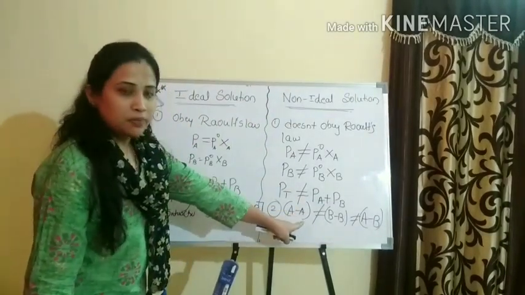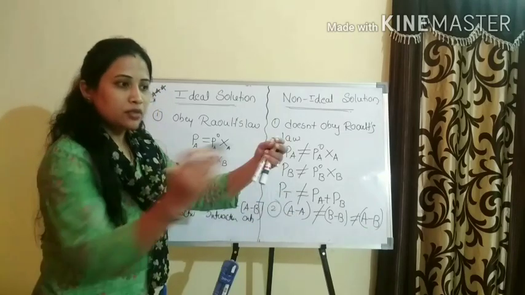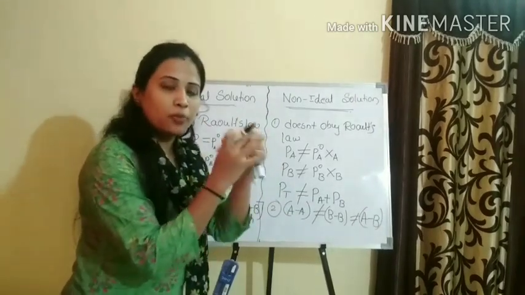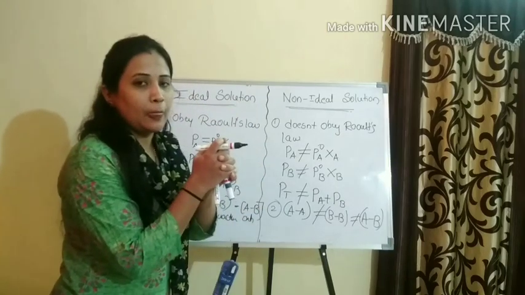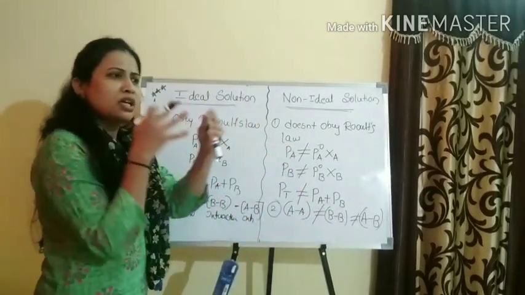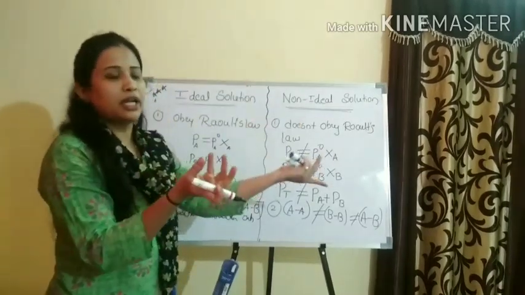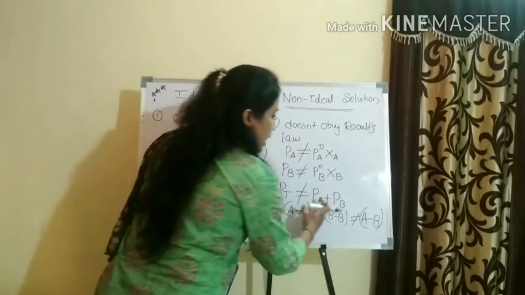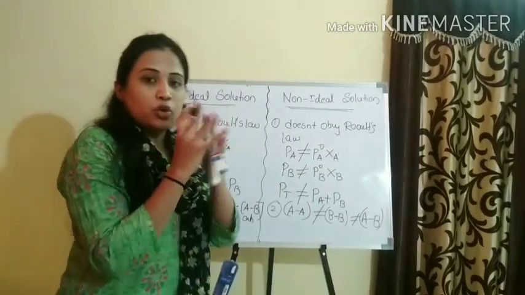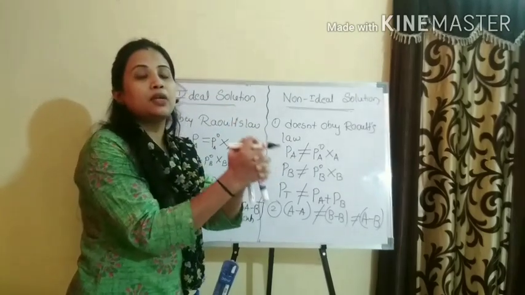What exactly this means is, when I take the A component, the force of attraction between the A molecules might be more. When I take the B component before mixing, the force of attraction between them will be very less, very loosely held, might be. But when I mix the A and B components together, the force of attraction may be more over there, strongly held.